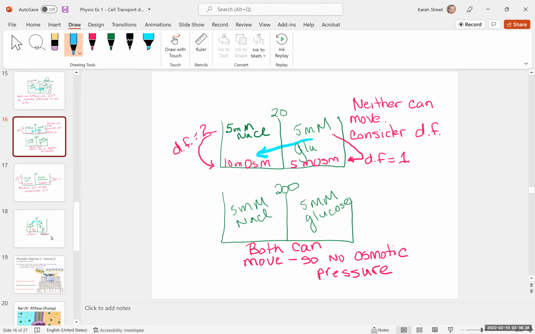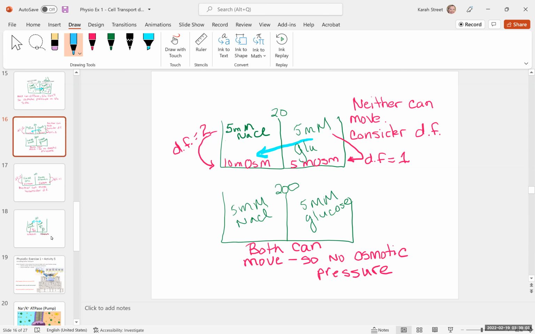Now look at the bottom picture. We have two chambers separated by a molecular weight cutoff membrane of 200. In the left chamber, I have 5 millimolar sodium chloride. In the right chamber, I have 5 millimolar glucose. Now, I ask the question, can either of these move?